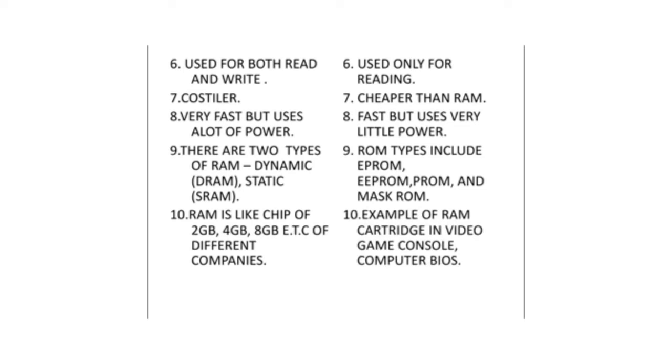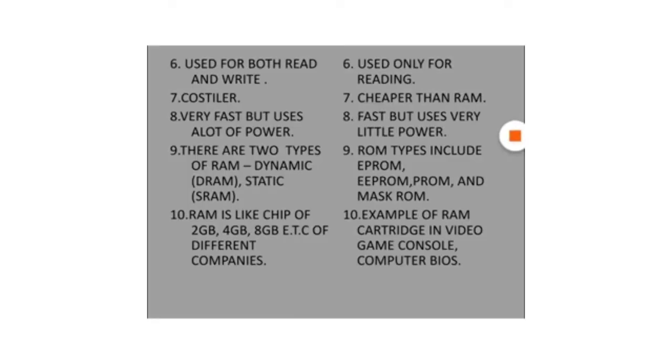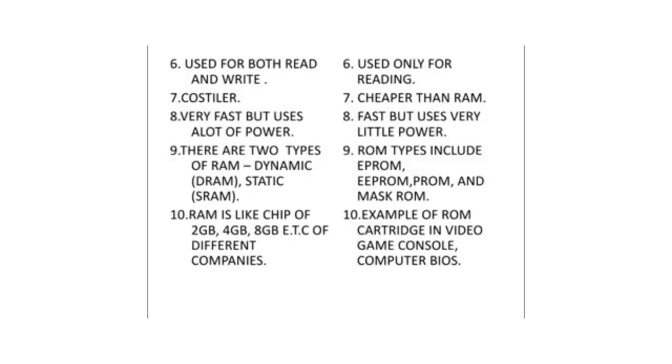Whereas an example of ROM is a cartridge in video. A cartridge is a small device which is used to store information of any video, any game, and a game console is the same, and computer BIOS as well.